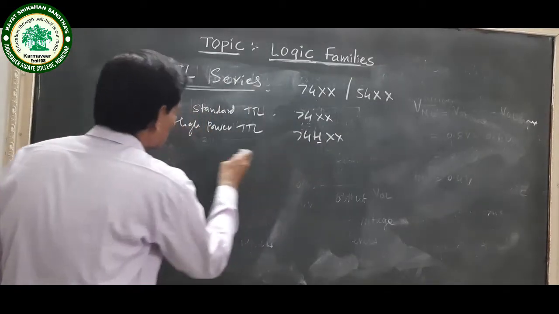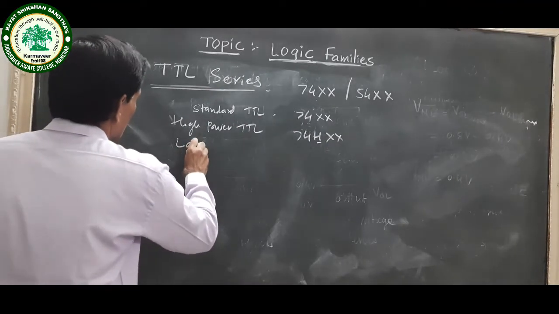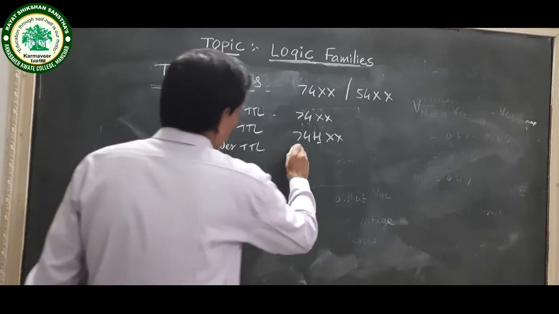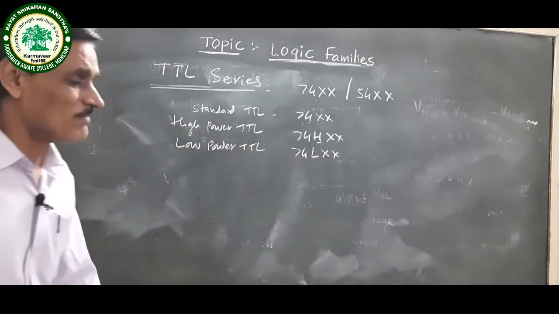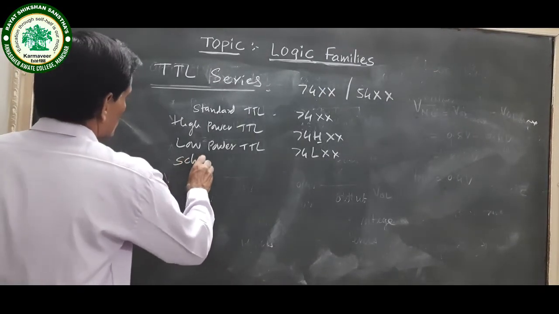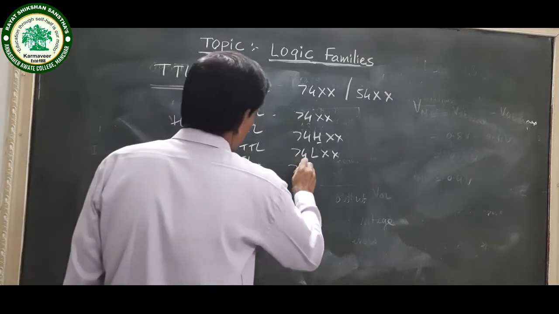H indicates that it is a high power TTL. Then low power TTL is abbreviated as 74L. L indicates low power TTL IC. Then Schottky TTL is represented as 74S.